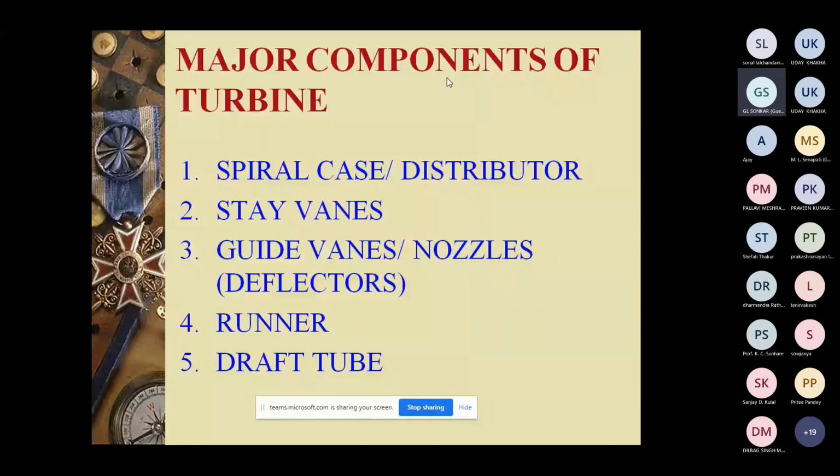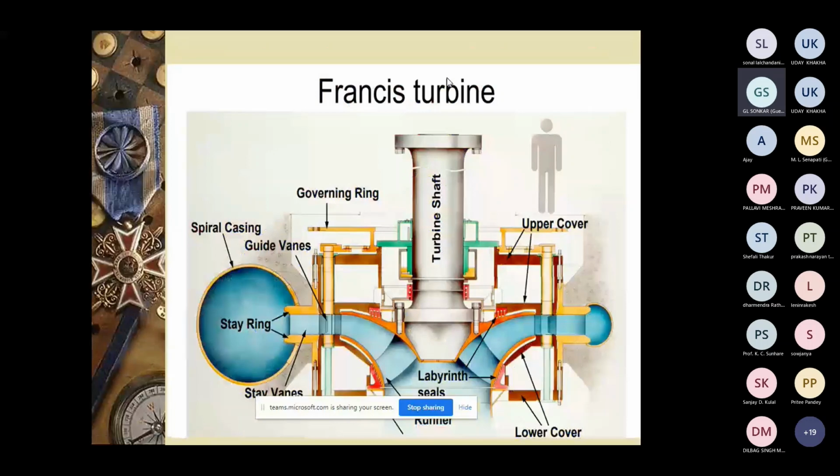You can see this is my Francis turbine. This is the spiral casing. Then one stay ring is there. I'll show you what the stay ring is. On the stay ring itself, your guide vanes and your stay vanes rest.